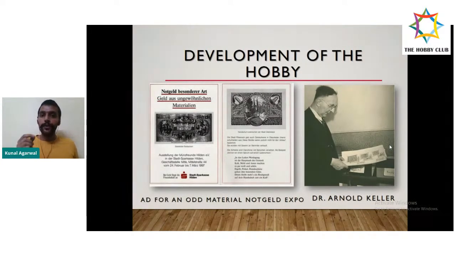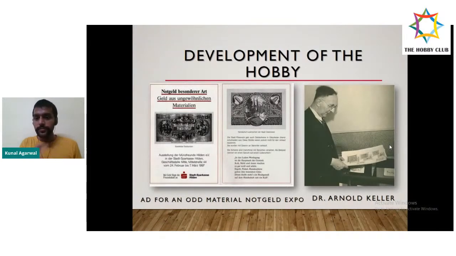And if a particular local authority was charging more to issue its Notgeld, for example, if the face value written on the Notgeld is 1 mark, and just because it is odd material and they know they can encash it from the collectors, they issue it for say 5 marks, Dr. Arnold Keller would immediately write it in his journal and blacklist them, saying they are just trying to rip off the collectors. Also, it doesn't make sense to issue something at such a high premium over face value.